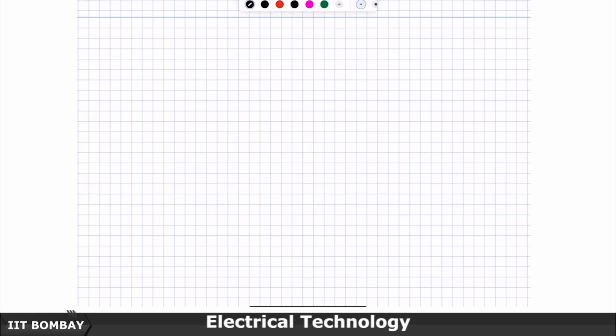We will write the flux linkage equation for the A phase of the stator winding, and that is given by the self inductance of the A phase times the current that it is carrying, plus its mutual inductance with the B phase stator winding.